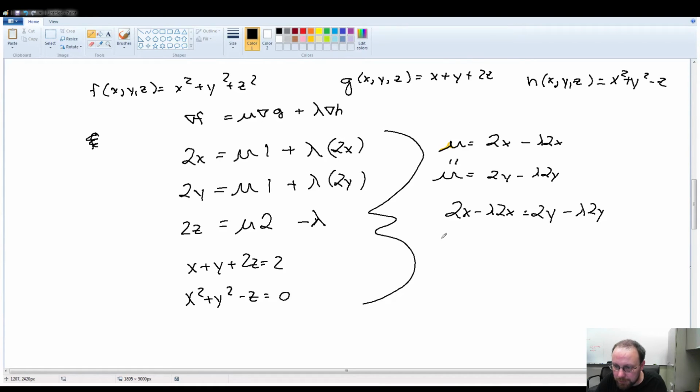Okay, and then I would bring all the terms that don't have a lambda to the left, and now just leave everything on the left side, because I think we can factor.